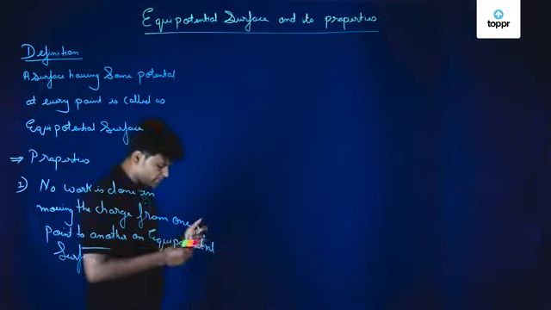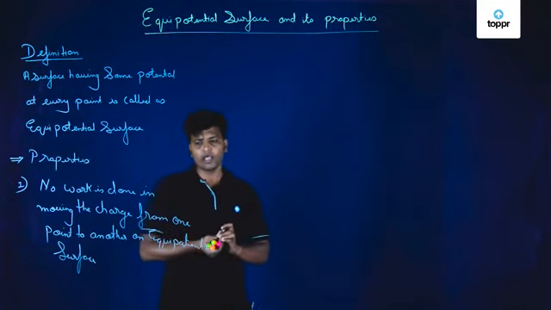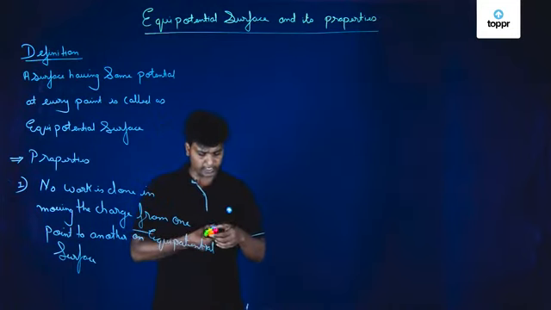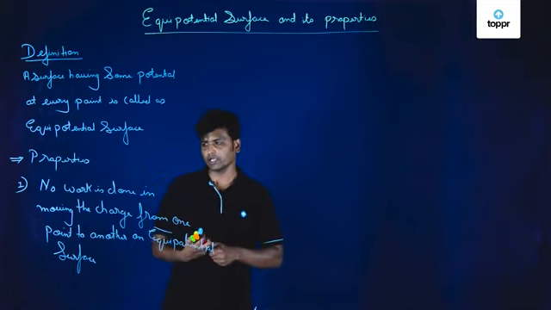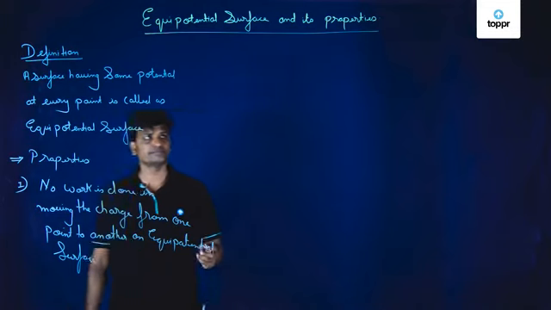Okay, now we will understand these properties one by one in the examples that I will be giving you in the next session. Okay, so this is number one property.